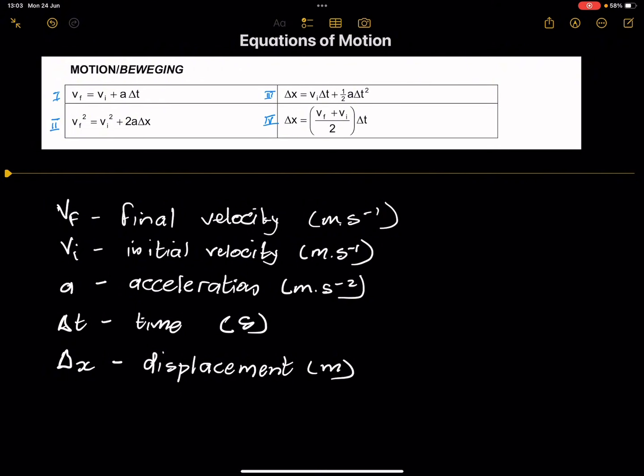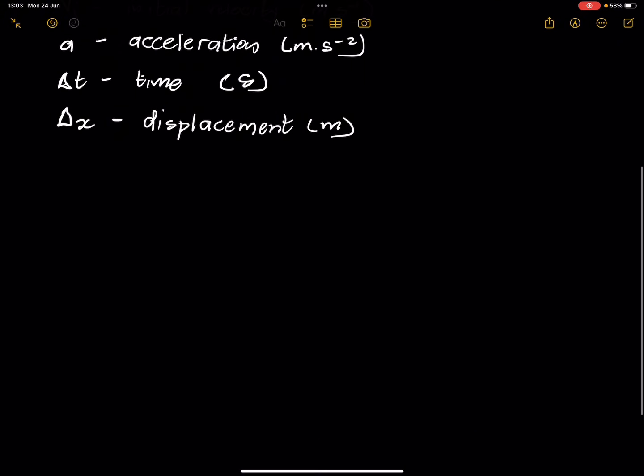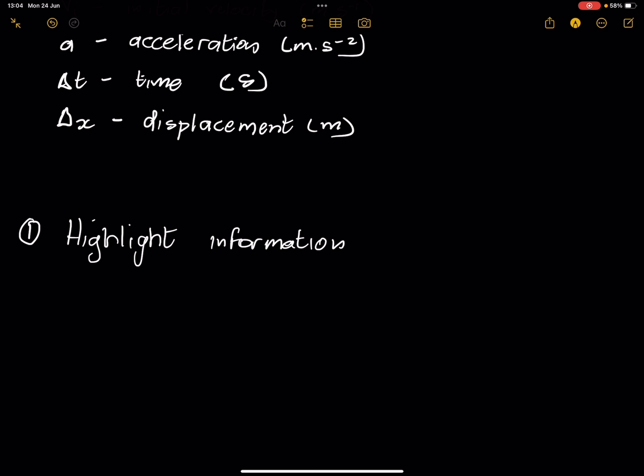Now, when we deal with this, the first thing that I'm going to ask you to do is highlight your information, right? So that's what you're going to do. So it is very important to highlight information and to be able to check the things that you need. Now, what are the things that you need to highlight, right?